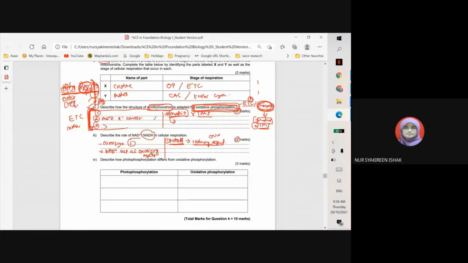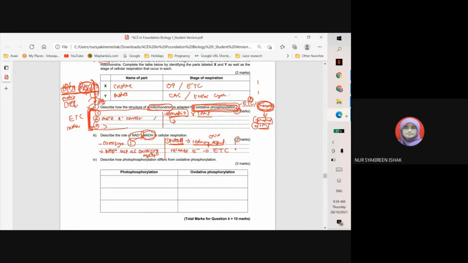Alright, so kat sini boleh cakap kan, because NADH is a reducing agent, it will be oxidized and release electrons to the electron transport chain or to the electron carriers of the electron transport chain. Dah dapat 2 markah kat situ. So you can either choose to describe NAD plus or NADH.